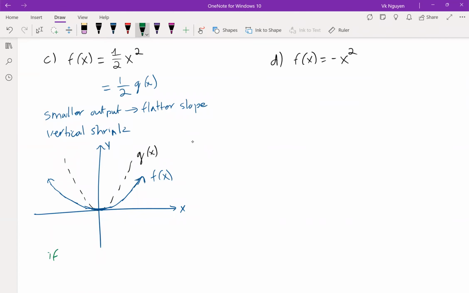If h(x) is 2x squared instead, then the number 2 here is bigger than 1. So we have a bigger output, steeper slope. We call this vertical stretch.